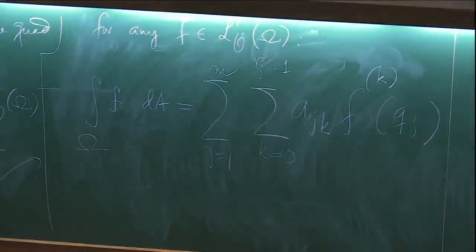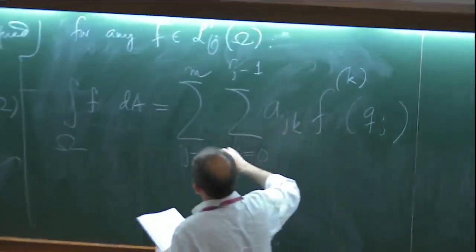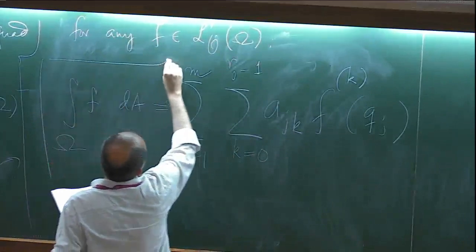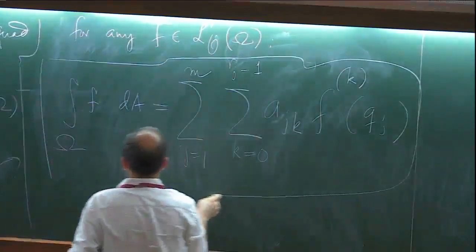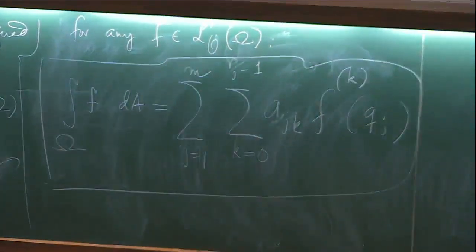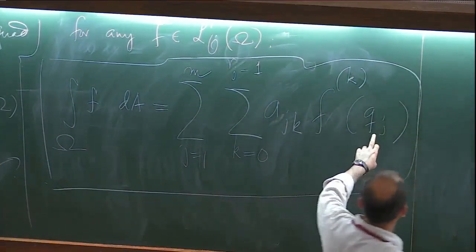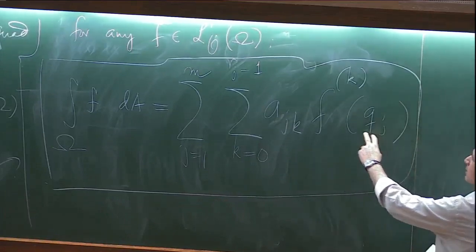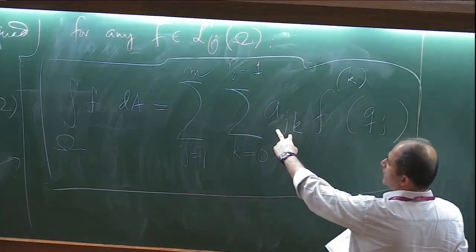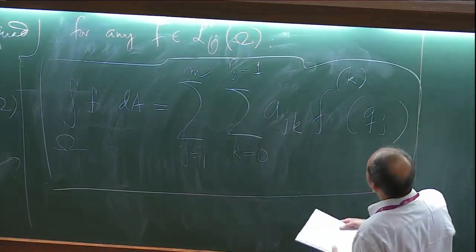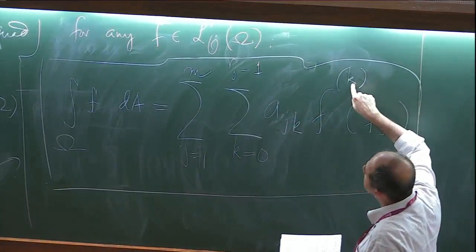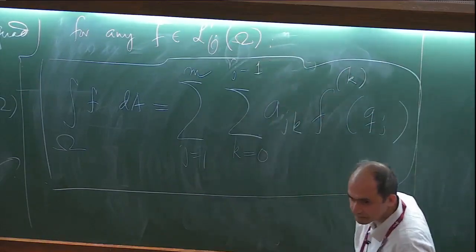This is true. So please note the points Qj are fixed once and for all. The coefficients Ajk don't depend on f, and the number of derivatives is also fixed.